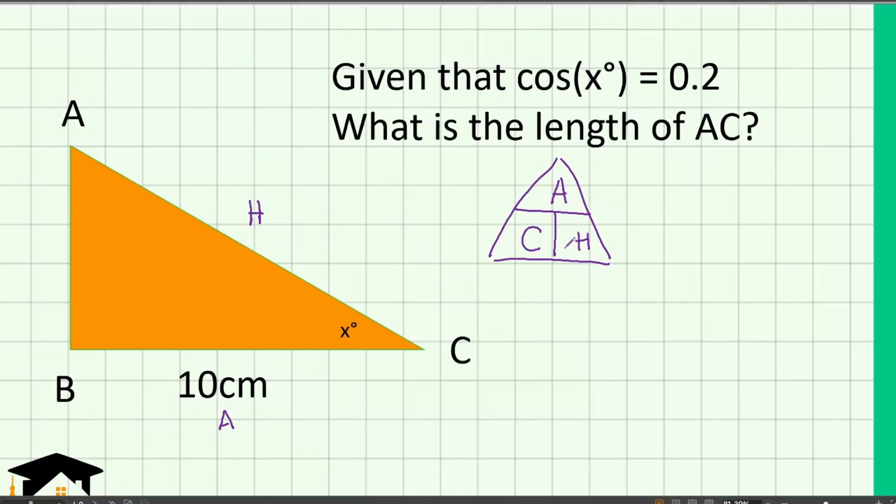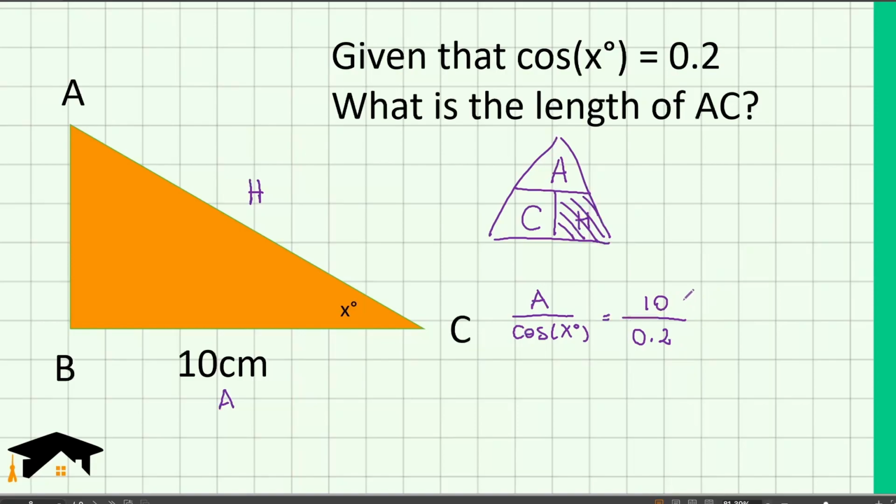We want to calculate the hypotenuse, so we cross this one out, and we get that it's going to be adjacent divided by the cosine. The adjacent is 10 centimeters and the cosine is 0.2.